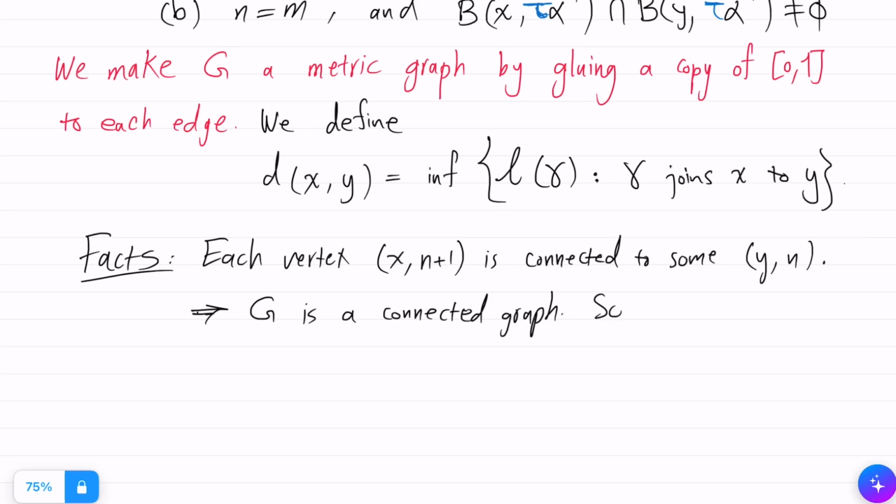Therefore, this distance is well defined. It's not infinity. There's at least one path between any 2 points.